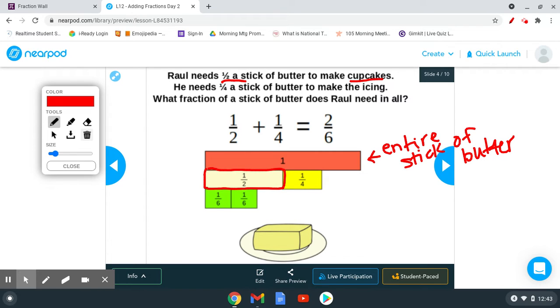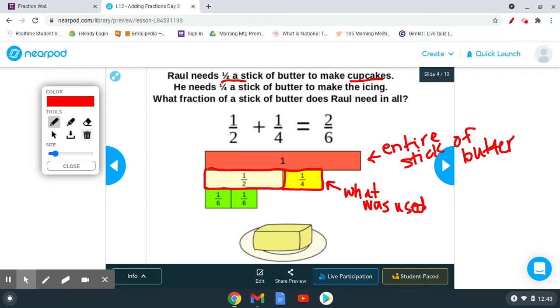Then they went back and they cut a quarter. A quarter is another way that you can say 1/4, a stick of butter to make the icing. So this represents right here what was used to make the cupcakes, and what was used to make the cupcakes and the icing.